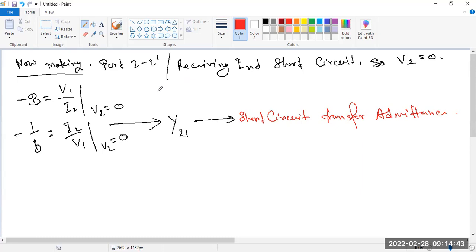And similarly, we get D. Minus D equal to what? I2 by I1. Sorry, this is I1 by I2, as per the same.